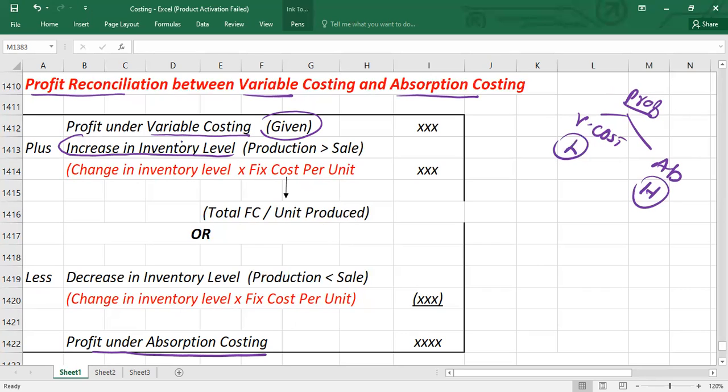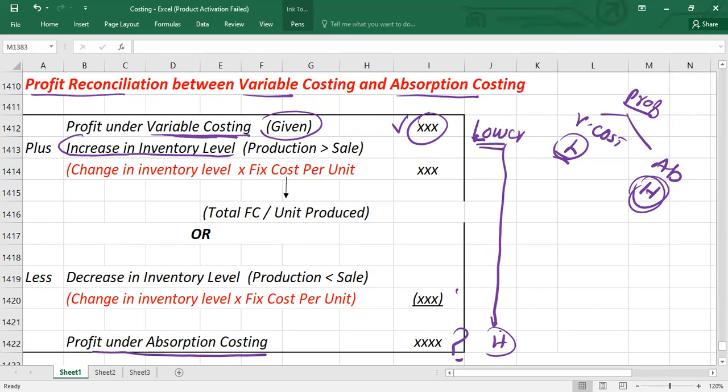And here profit under variable costing is given, which is lower, and you are moving from lower profit to higher profit, because if there is an increase in inventory level, absorption costing results in higher profit. It means if you are provided with the profit under variable costing and you have to calculate profit under absorption costing, you are moving from a lower value to a higher value.